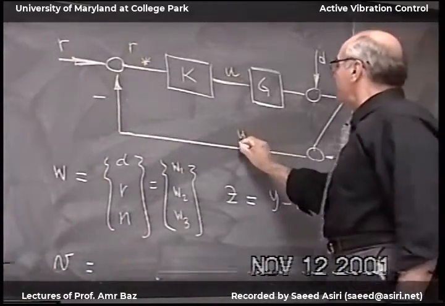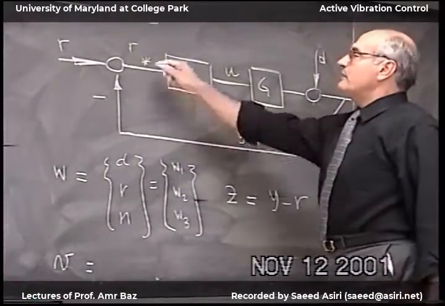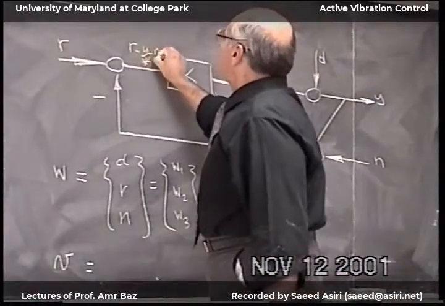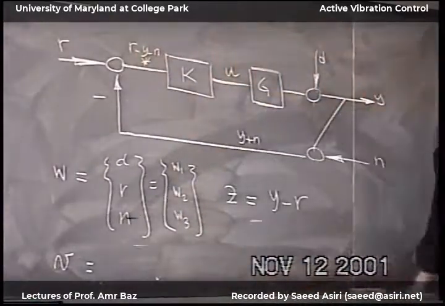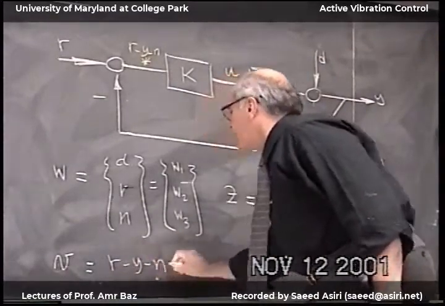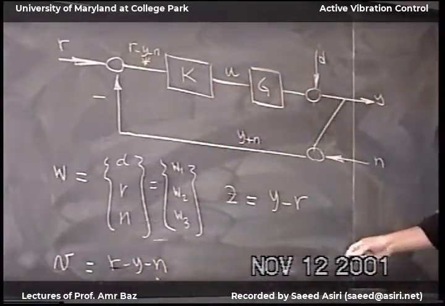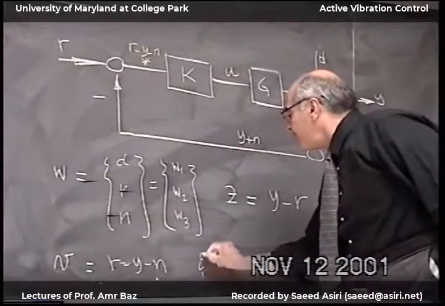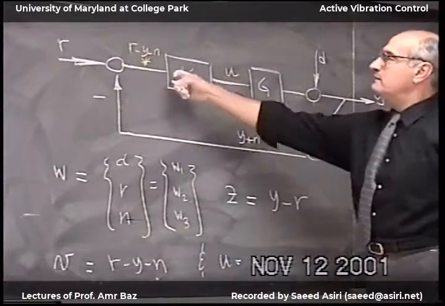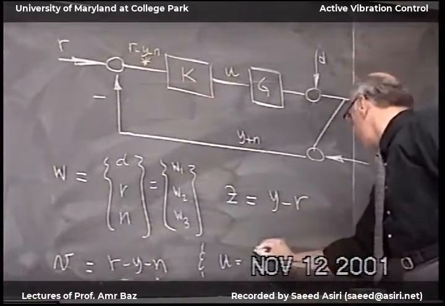So that's what we have here. So here will be R minus y minus m. And then the last thing is we have u is equal to k times v.